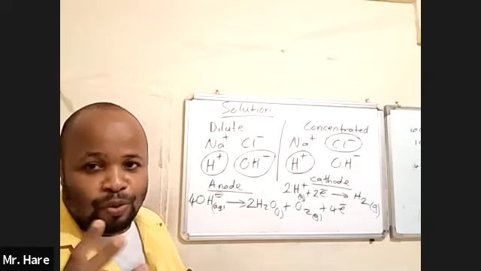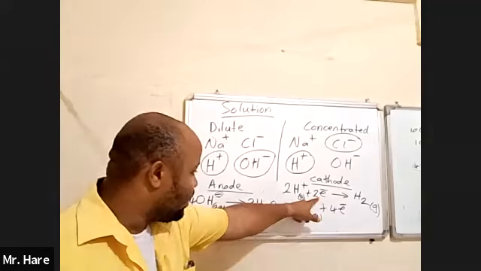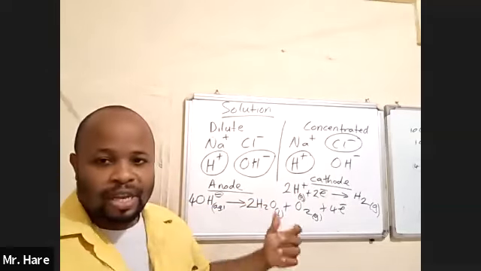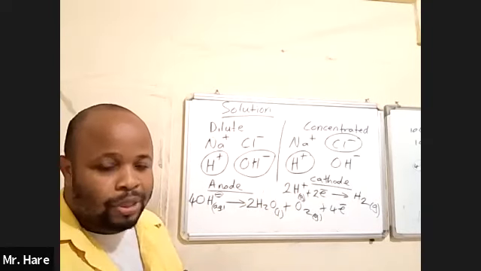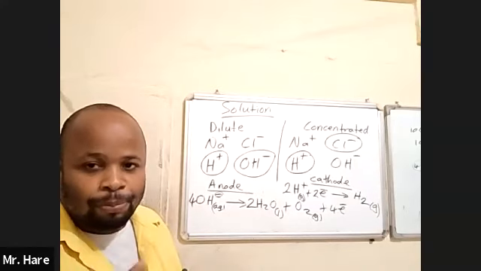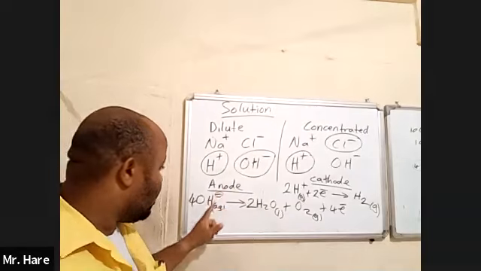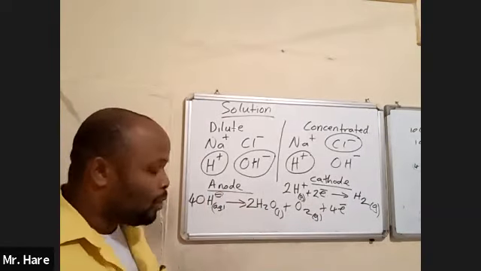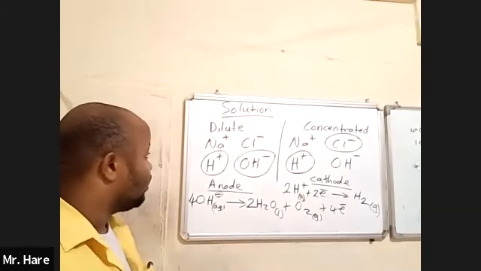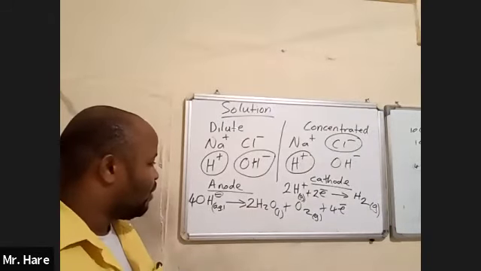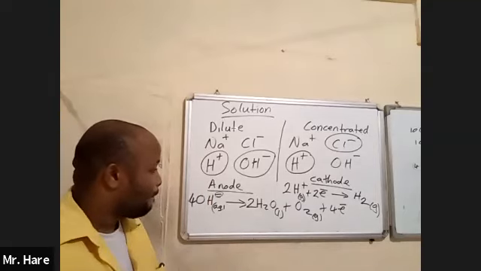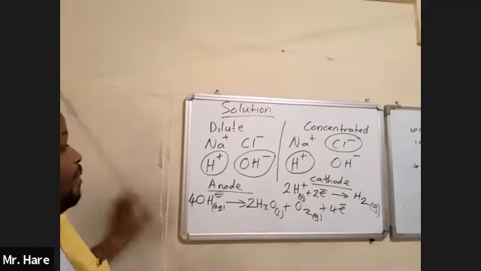For example, in this case, at the cathode, you're getting hydrogen gas. Once you produce a gas in solution, you're going to see bubbles being produced. So at the anode and the cathode, you would see bubbles being produced. If you want to see it, don't waste time, just look at it. I did an experiment on it, but just get studied. So this is what would happen.